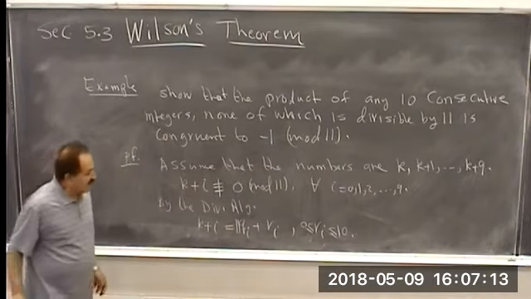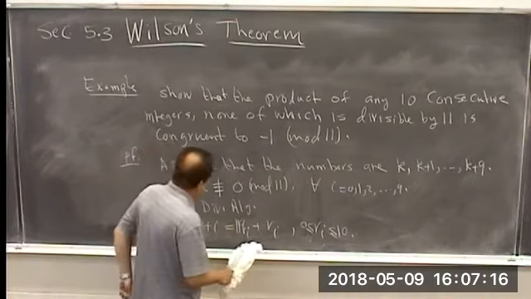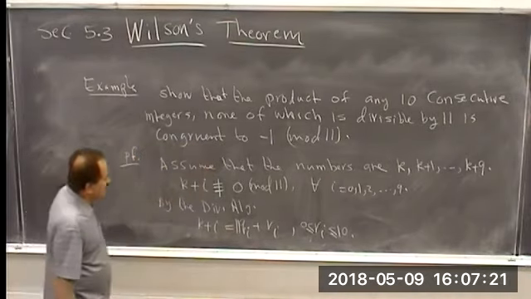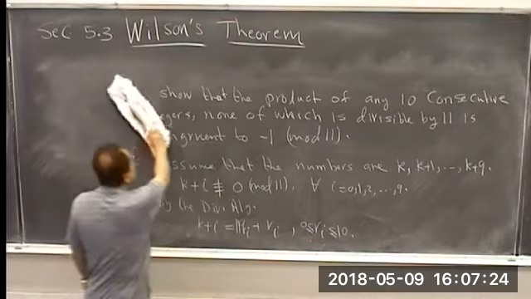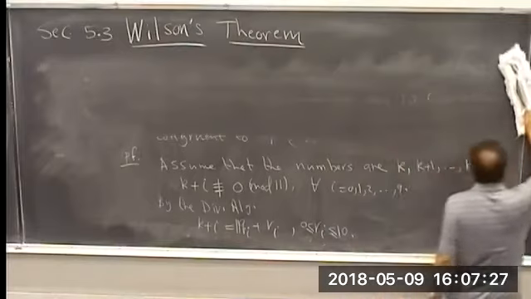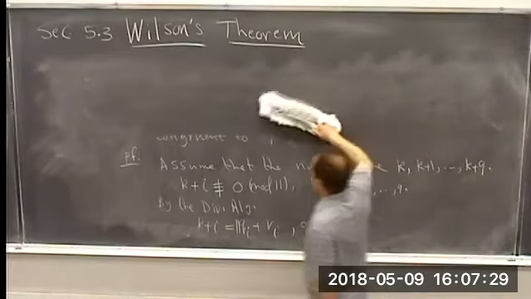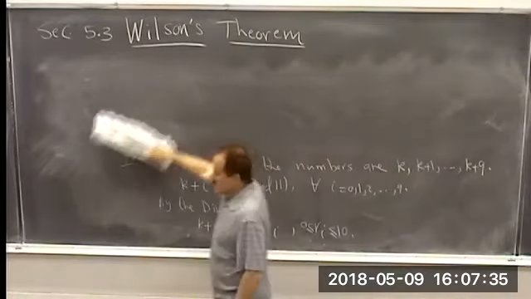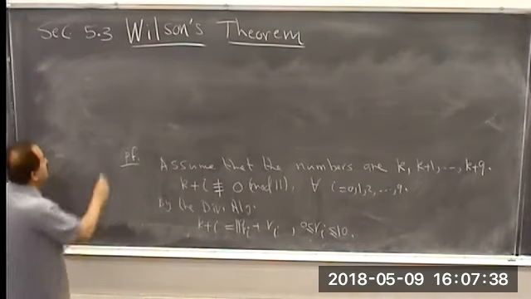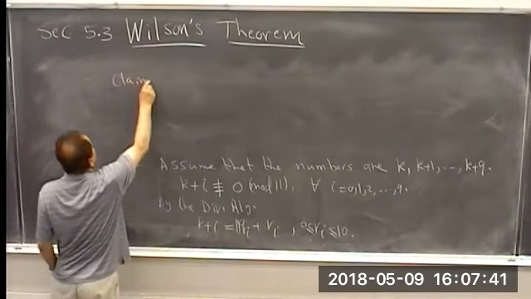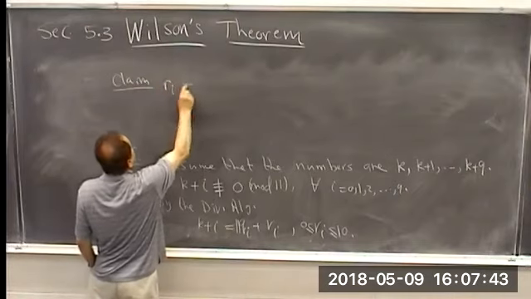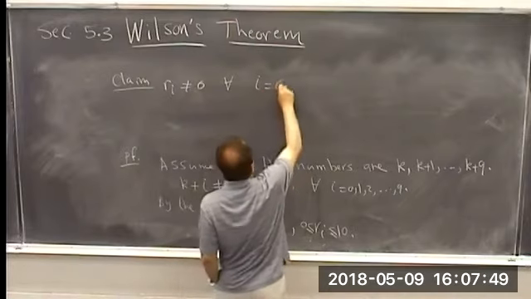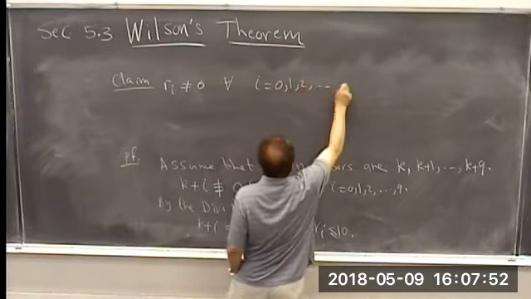Now I claim that r sub i actually cannot equal 0, so the possible values will be from 1 to 10. Claim: r sub i is not equal to 0 for every i from 0 up to 9.